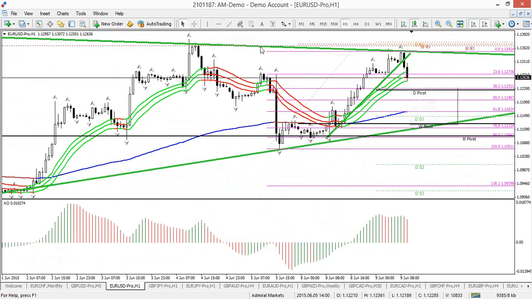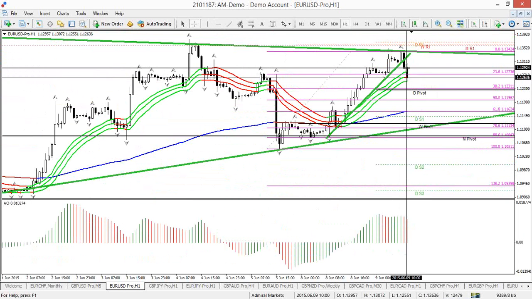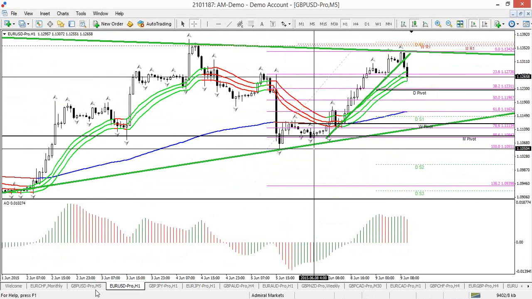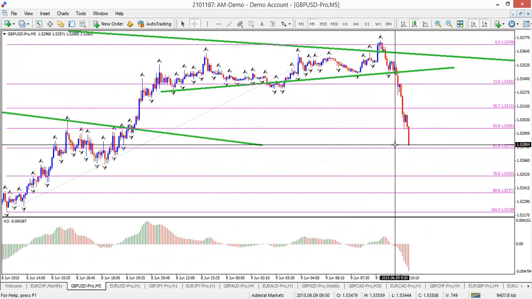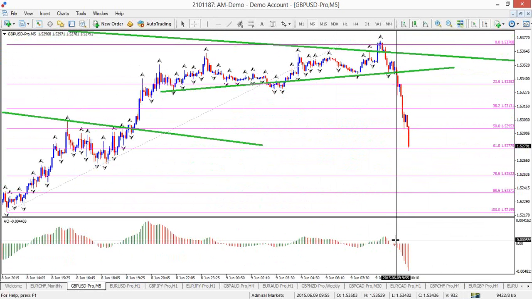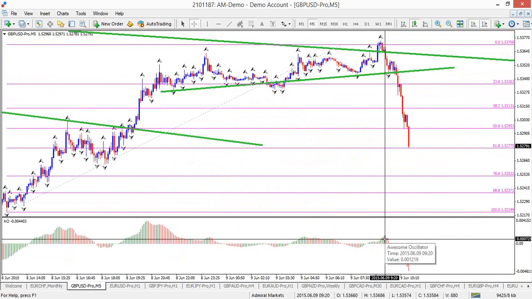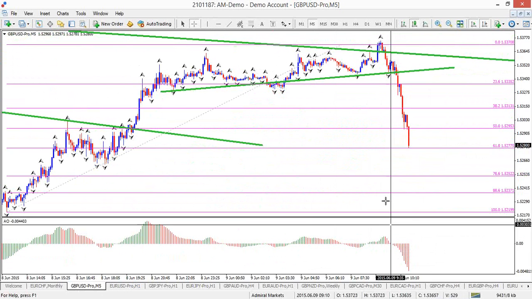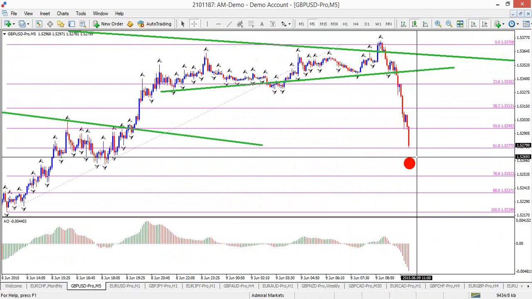Euro dollar is starting a bit later, but did get some more follow through the last few minutes. I personally would not go long because it's too much momentum to the downside. I mean, personally, I wouldn't be a big fan. I know that traders do like to trade fibs like that.